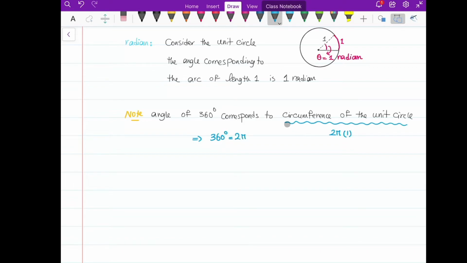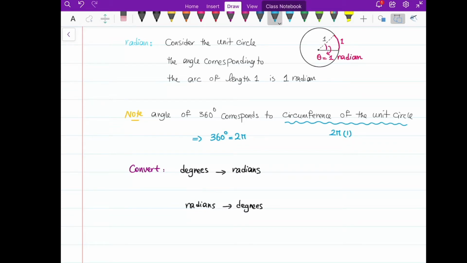So we're going to use this fact to convert between the two measurements. If you have degrees, you can change it to radians. Or if you have radians, you can change it to degrees, because both of them are measuring the same angle, right? So how do we convert them?